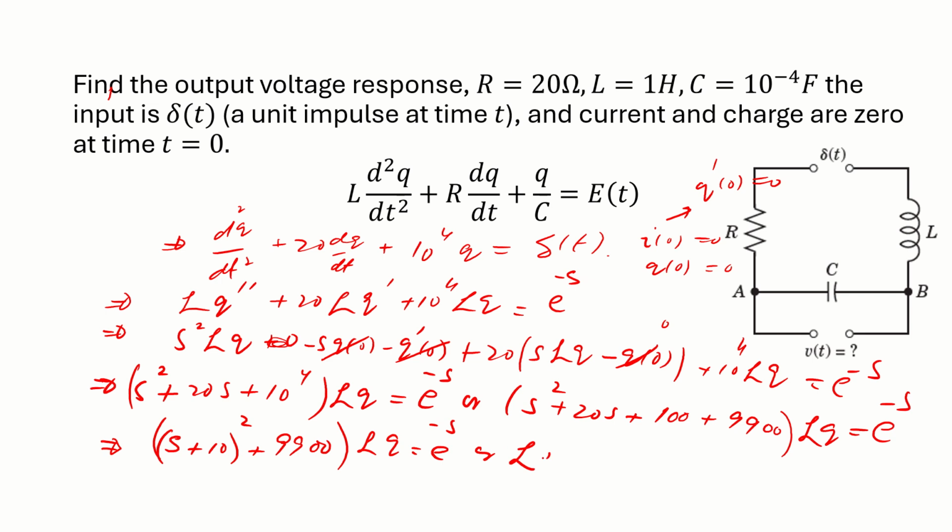Or we can say Laplace of q is equal to 1 divided by s plus 10 whole square plus 9900, into e power minus s, which implies Laplace of q is equal to 1 by s plus 10 square plus under root 9900 square. So we need this quantity here as well.